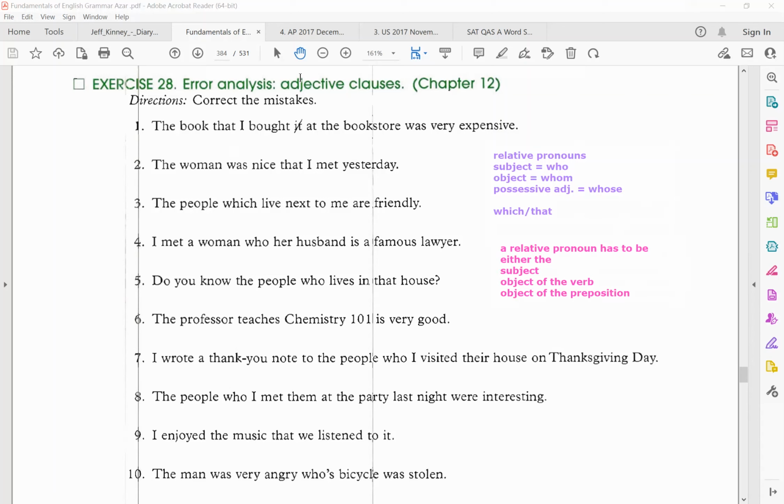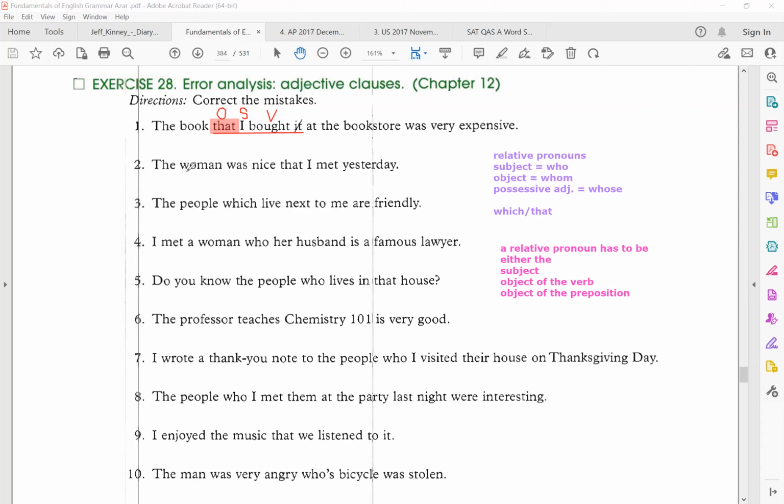So if you take a look at number 1, the book that I bought. Do you see how the "it" is incorrect? You have to cross it out because I bought the book. I bought that. That is already the object. So you cannot have double object, double pronoun here.